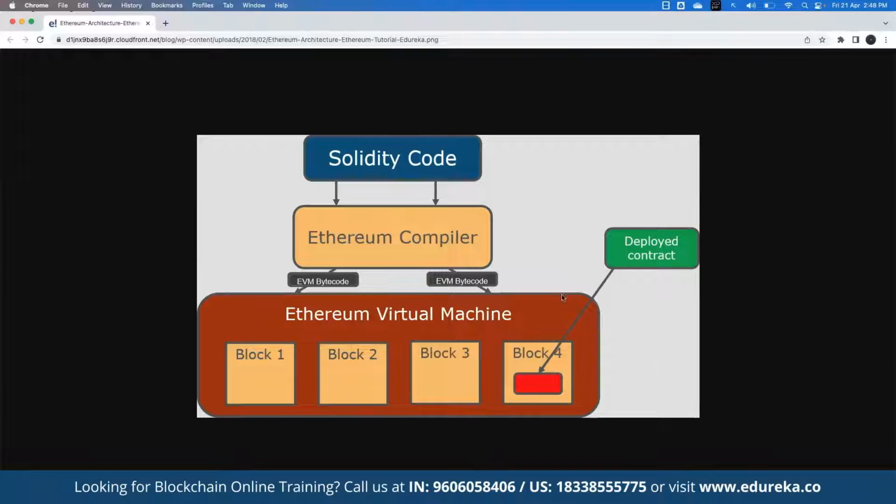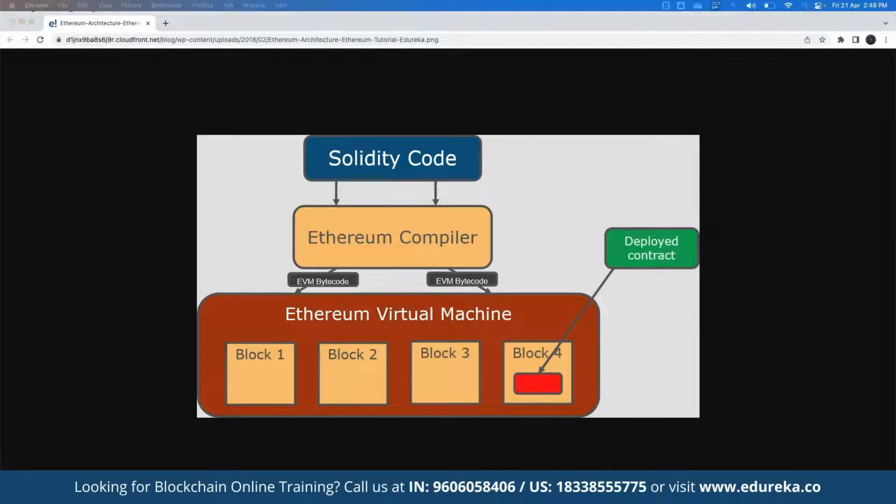As you can clearly see from the diagram, it is not only completely sandboxed, but it is also completely isolated. That means the code that is currently running on the EVM has no access to the network or the file system and can sparingly access any other contracts. Okay, so that's the core idea that you need to remember when we talk about the Ethereum virtual machine.